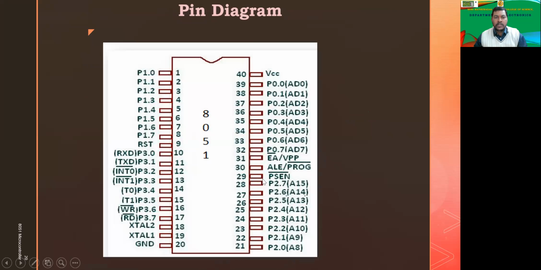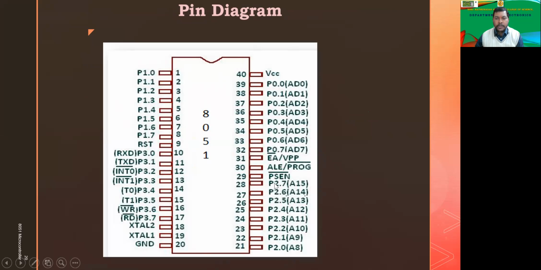Here we can see two power pins: positive supply at the 40th pin, and the 20th pin is the ground, right? Then we have four ports: P0.0 to P0.7, pins 39 to 32. Port 1, P1.0 to P1.7, that is pins 1 to 8.